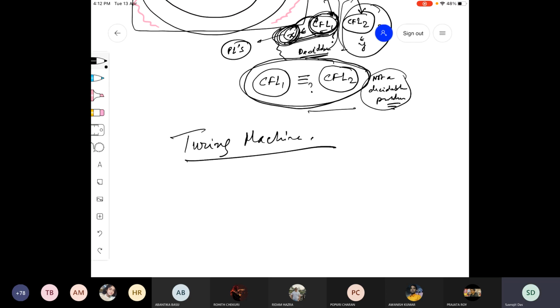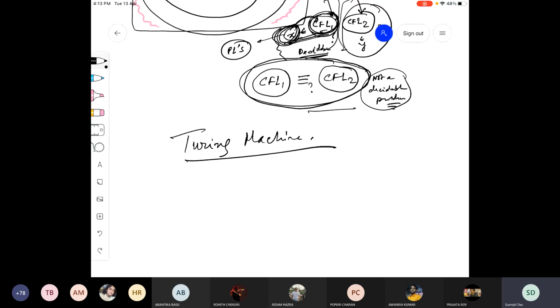It's a new model of computation, but it's not a very complicated machine, more complicated than the finite state machines or pushdown automata.